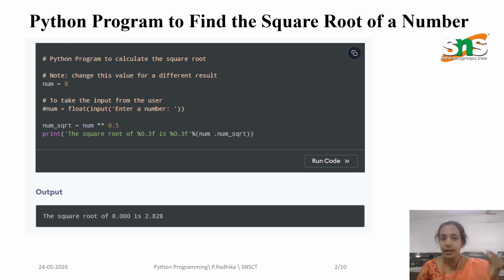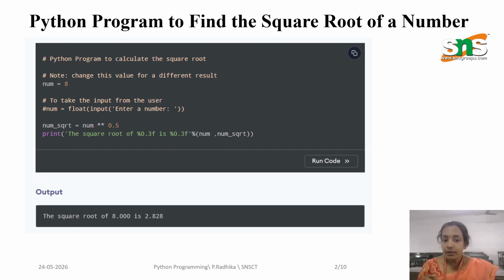The number for which we have calculated the square root can be a float with three decimal places, 0.3 f. So this is totally my choice. If I give 0.2 f, then two decimal places will be displayed in the output screen.